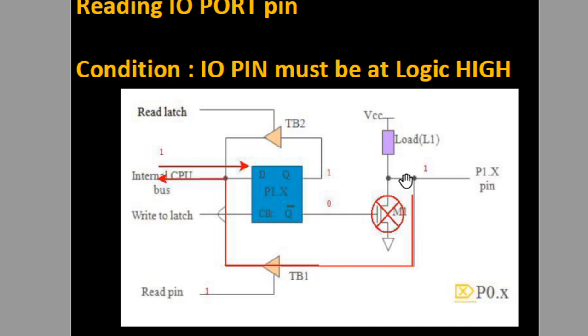If input is 1, this value becomes 1. So if you connect an external potential here which is logic 1, there is no change, it retains logic 1. But if you connect an external potential which is 0, which we want to read as 0 itself, it becomes 0. So that's why this MOSFET is to be disabled, by making it logic 1.